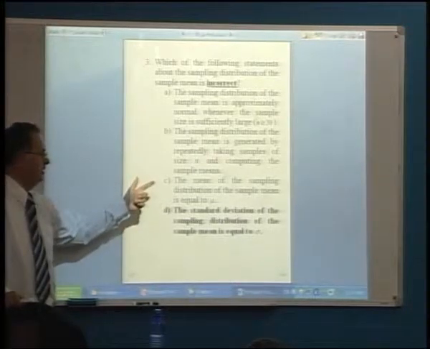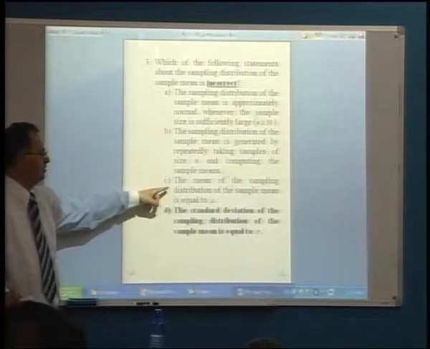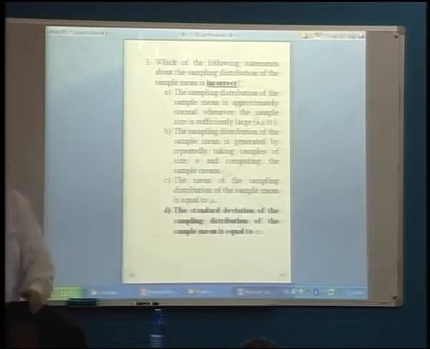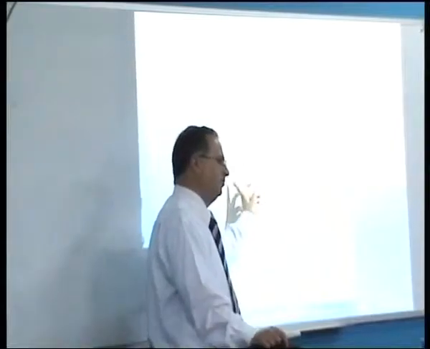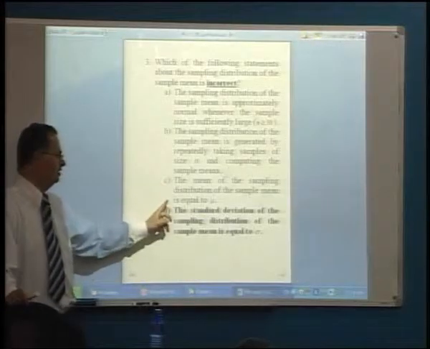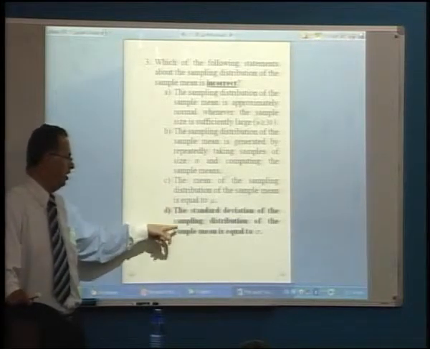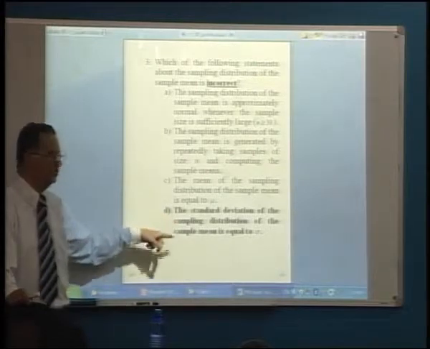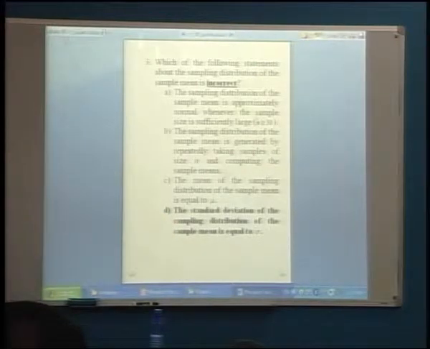C. The mean of the sampling distribution of the sample mean is always equal to mu. That's correct, because we know that the mean of x bar is mu. Now, the standard deviation of the sampling distribution of the sample mean is equal to sigma.